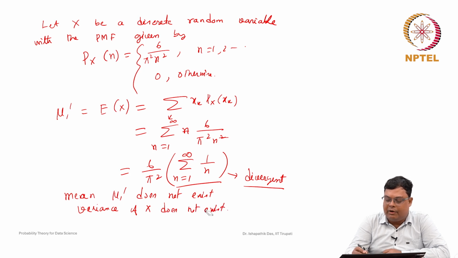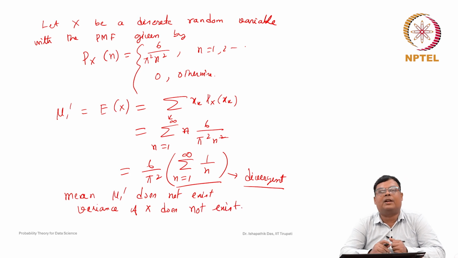So, this is one example where, for a discrete random variable, the mean does not exist, and the variance does not exist as well.